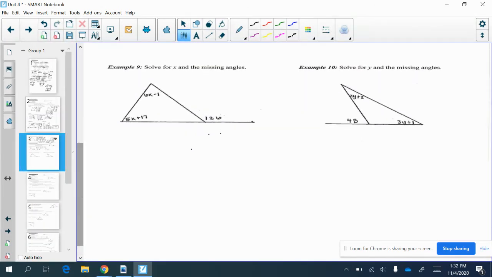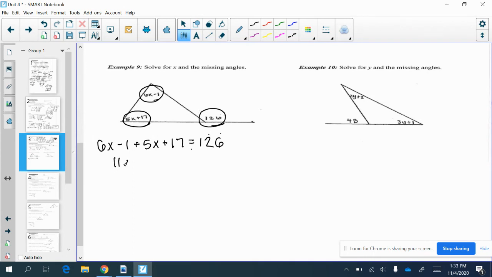All right, solve for x and the missing angles. So again, if I add these two angles together, if I add this plus this, it will give me the sum. It will equal 126. So 6x minus 1 plus 5x plus 17 should equal 126.